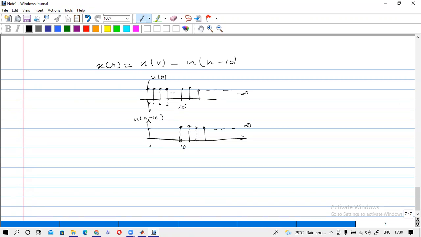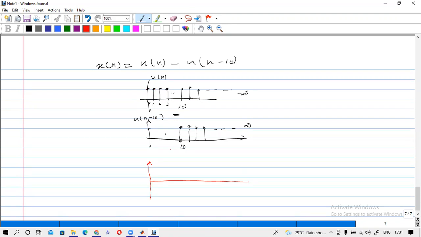If you subtract this from this, you will get from here to here: 0, here 1 is there, here 0, so this point will be 1 minus 0, 1 minus 0.